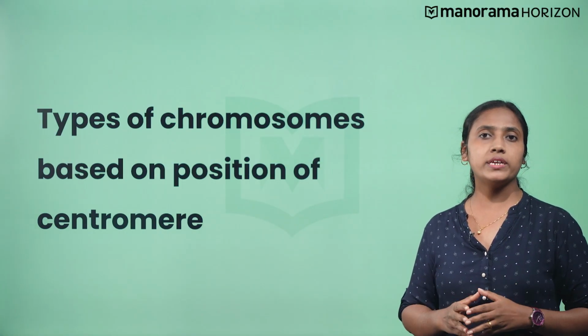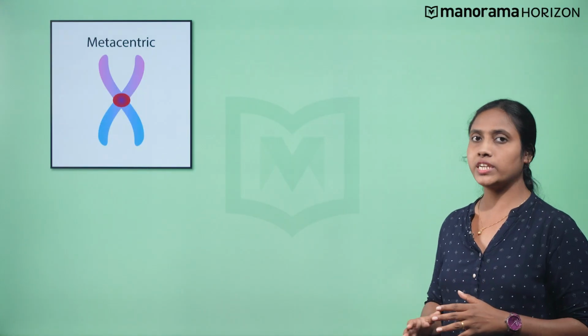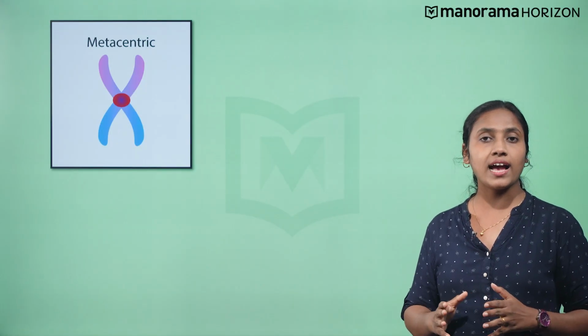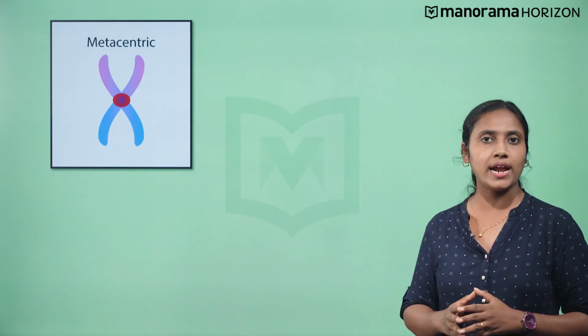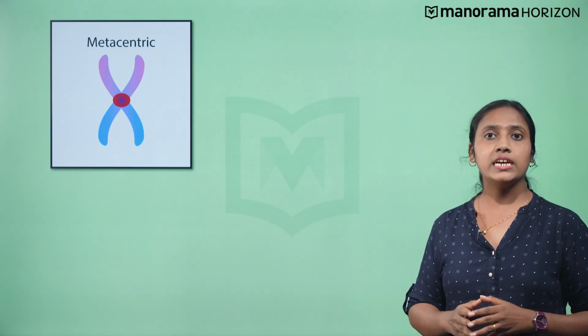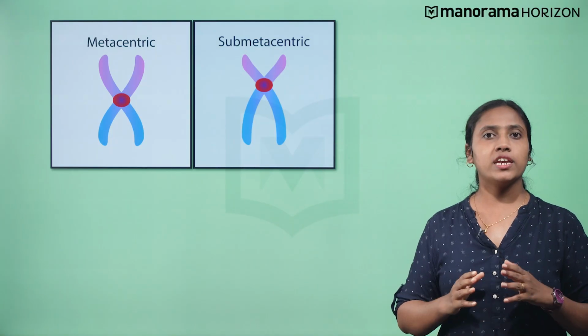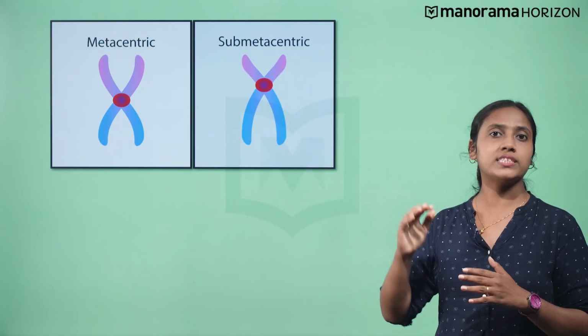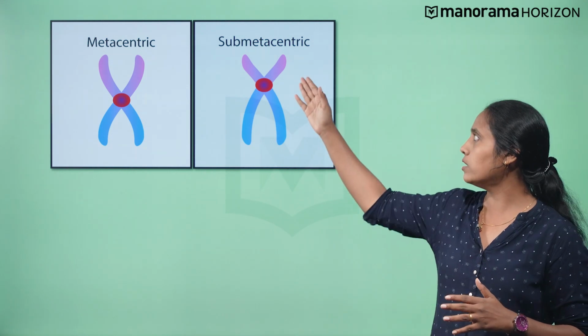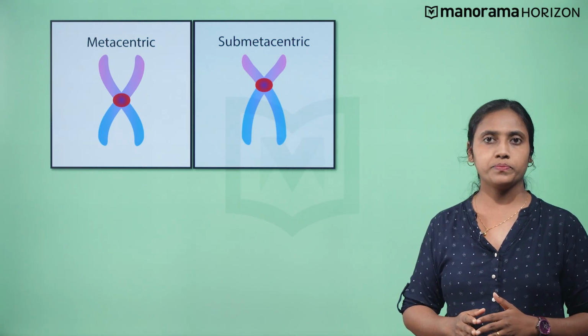A chromosome is said to be metacentric if the centromere is at the center and has two equal length chromatids on either side. It is said submetacentric if the centromere is not at the center and one chromatid is slightly longer than the other.